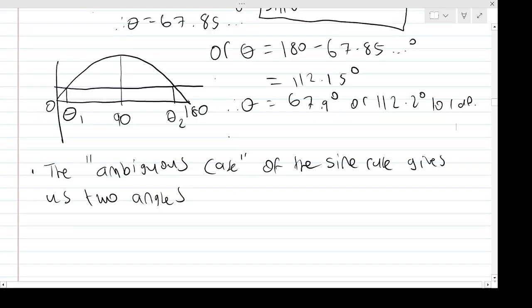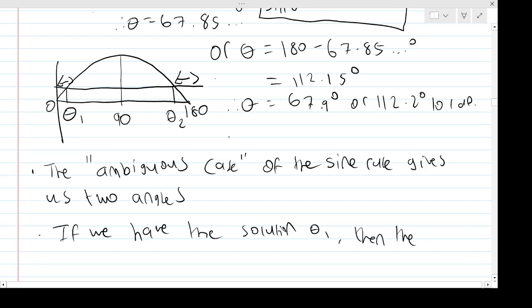Because the gaps at either end of the curve are the same, we can say that if we have the first solution theta 1, so we have one of the angles, then the other solution, theta 2, is going to be 180 take away this angle here, because the gaps are the same at either end.